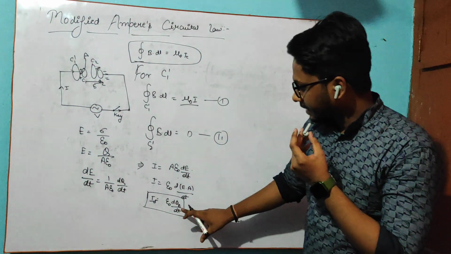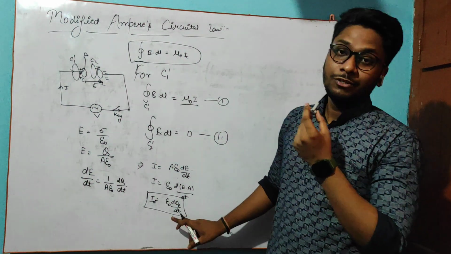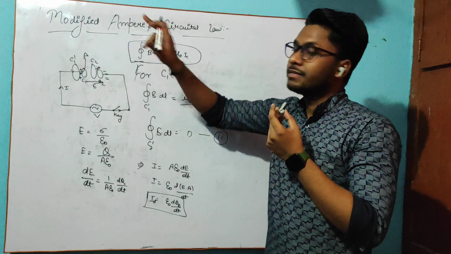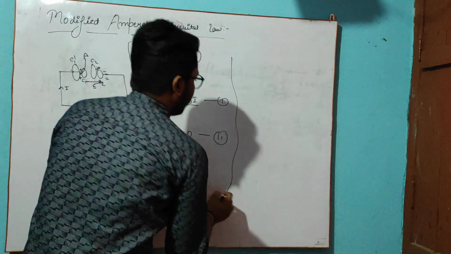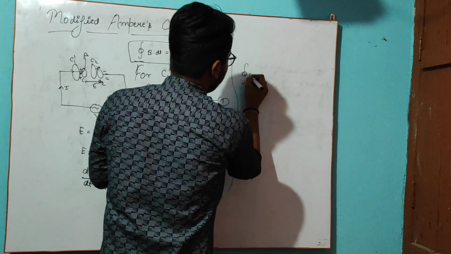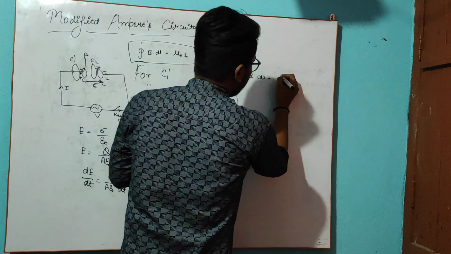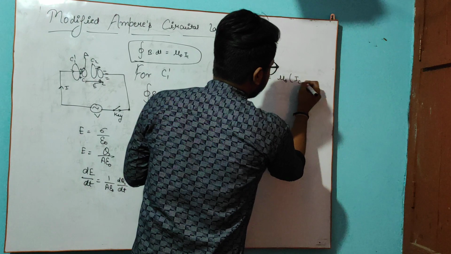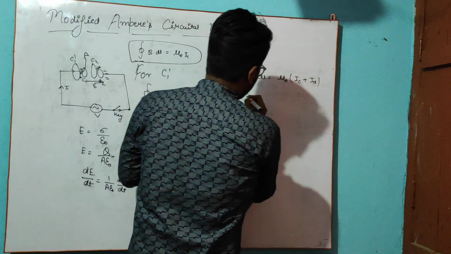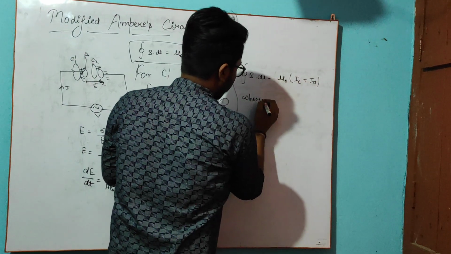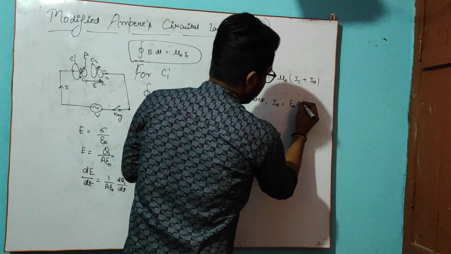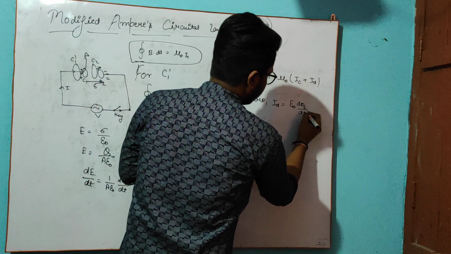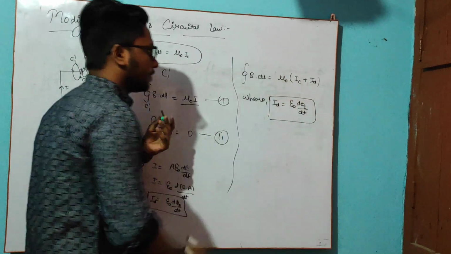Now Maxwell used this concept to modify Ampere's circuital law and give its new equation, that is the line integral of B dot dl is equal to mu naught times (IC plus ID), where ID is the displacement current, epsilon naught d phi E upon dt. And this is the concept of displacement current.